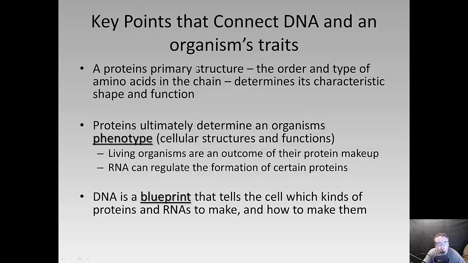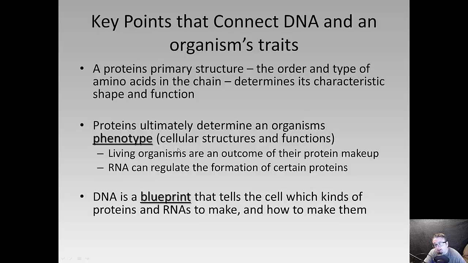The last part here is just to go back one more time and reiterate the fact that ultimately the proteins create the phenotype. So the genotype is essentially outlining the sequence of codons and the specification of protein structure. Phenotype then is what results as a consequence of that protein. What is the function of the protein?